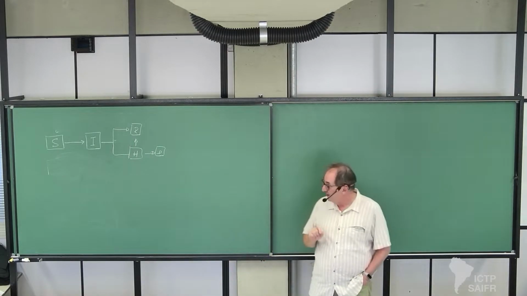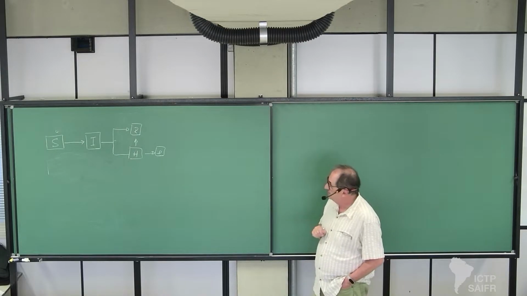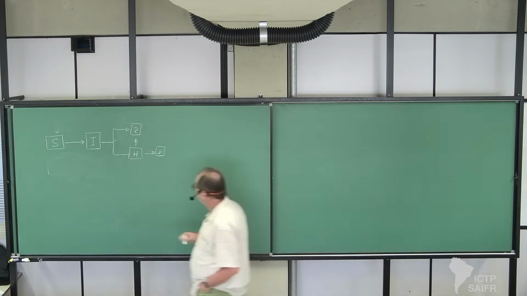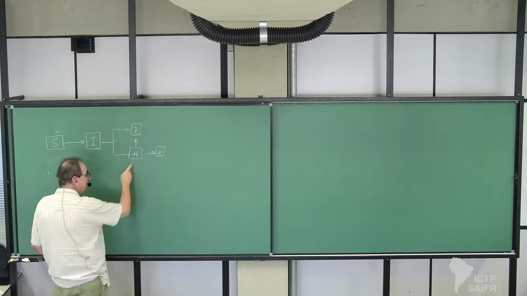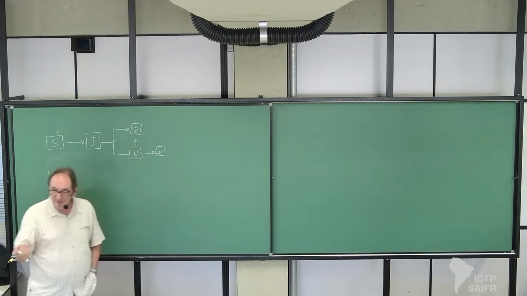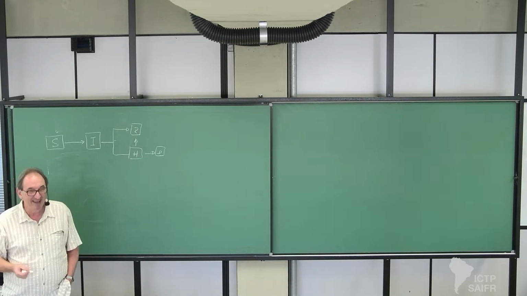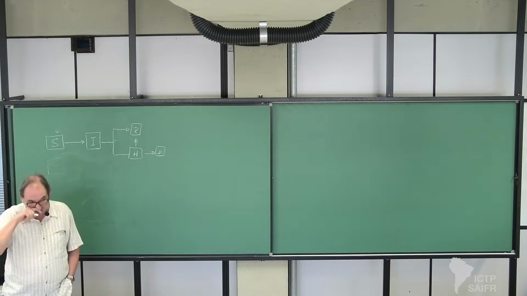Okay, and you can take many more things into consideration. For instance, you could model here the people that have to be hospitalized, but there is no hospital. They can't get a place at the hospital.